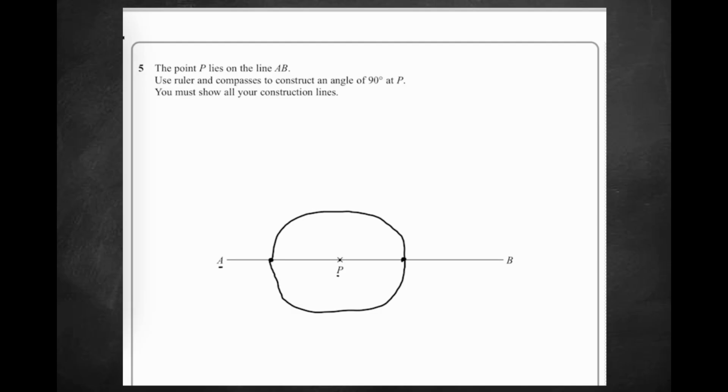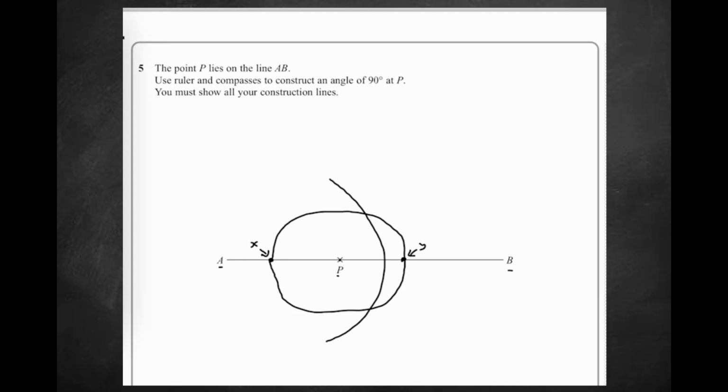on AP and PB. Then what you'll need to do is adjust the compasses and move them to the point on the circle. Let's call this X, and draw a sector somewhere between P and the point we'll call Y. So it would look a little bit like this.